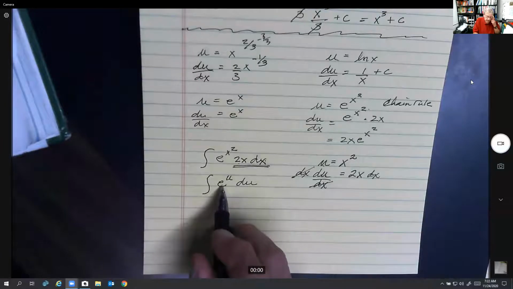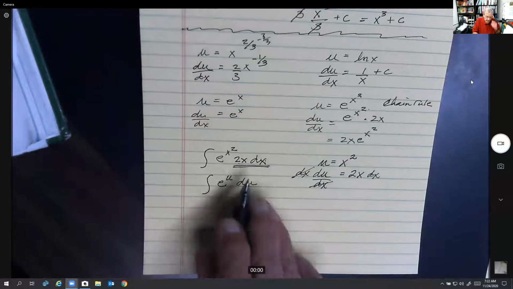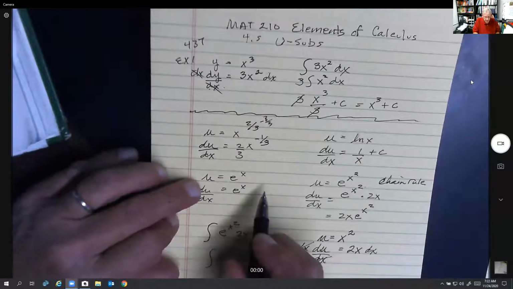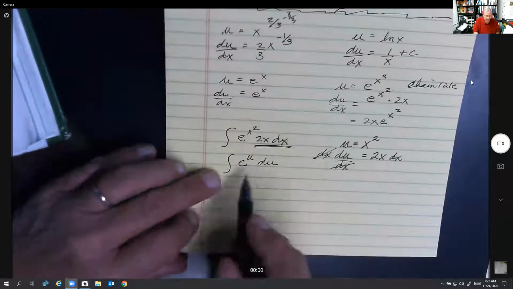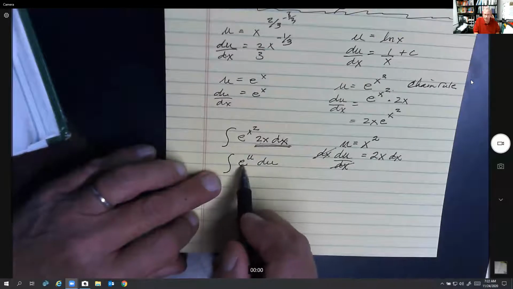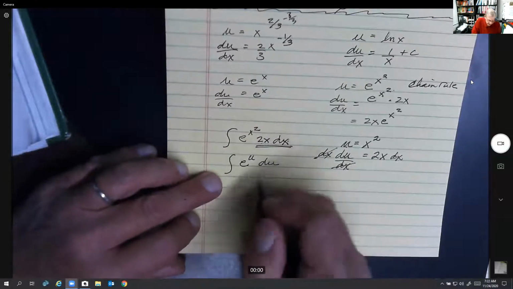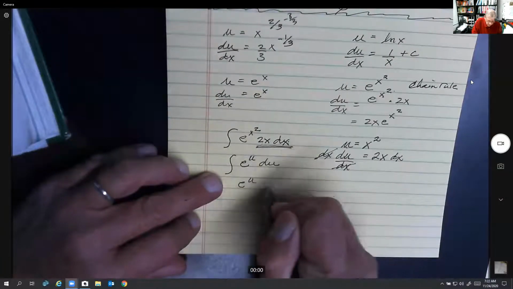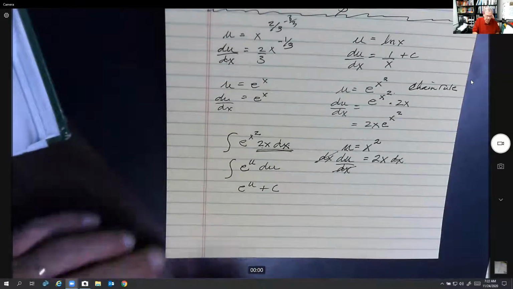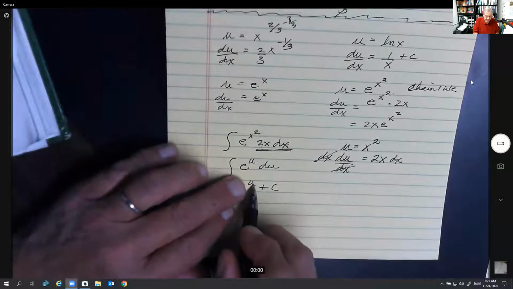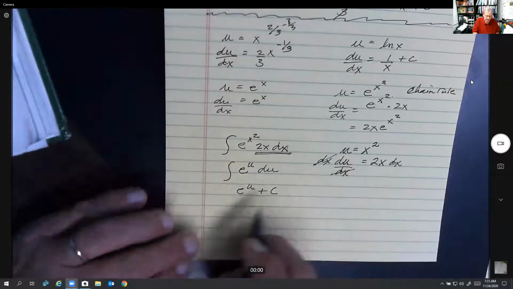Now, this becomes pretty easy to do because, remember, the derivative of e to the x is e to the x. So the antiderivative of e to the u is e to the u plus c. Now at this point, what we do is we replace u with x squared.